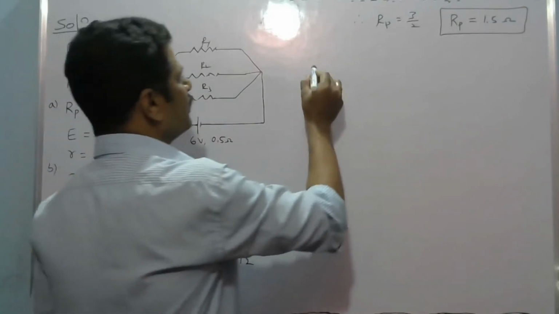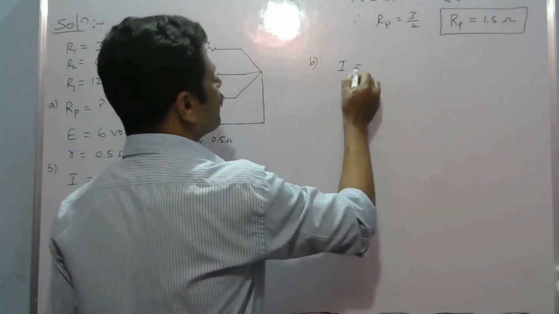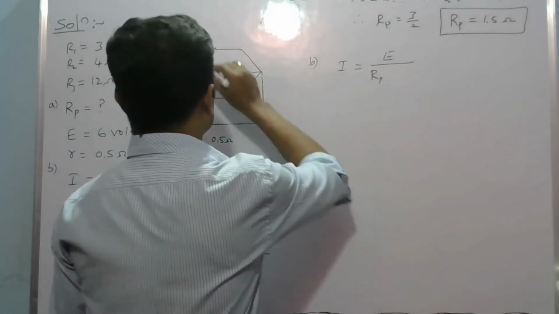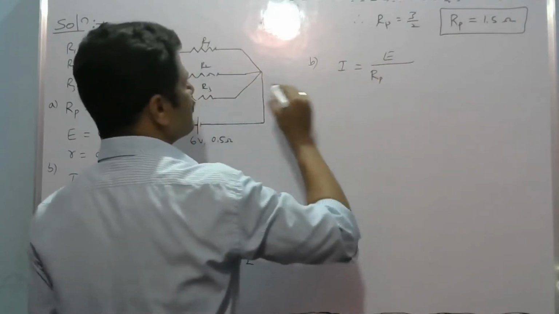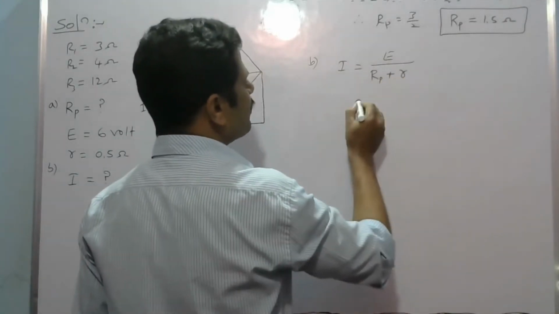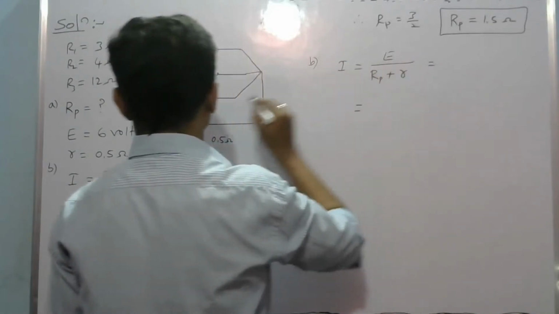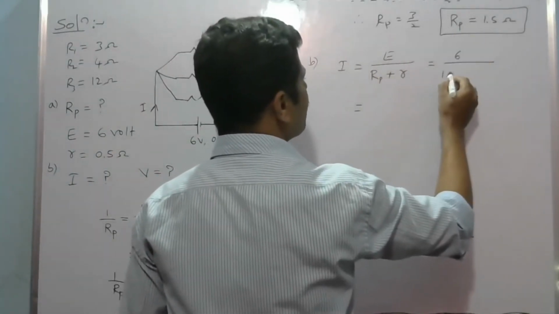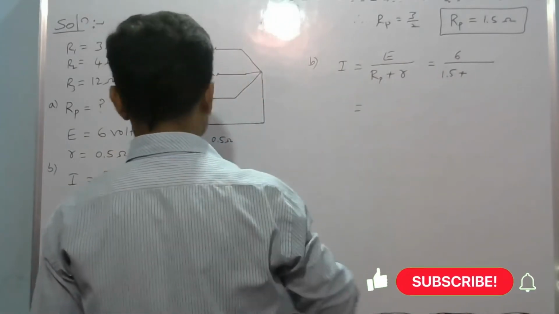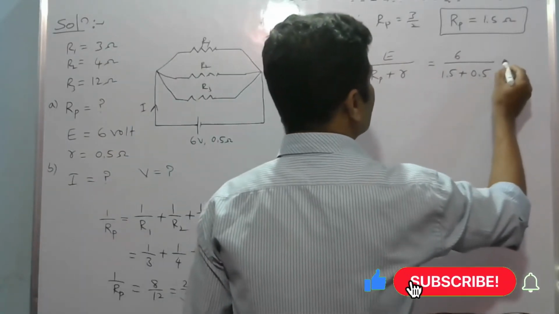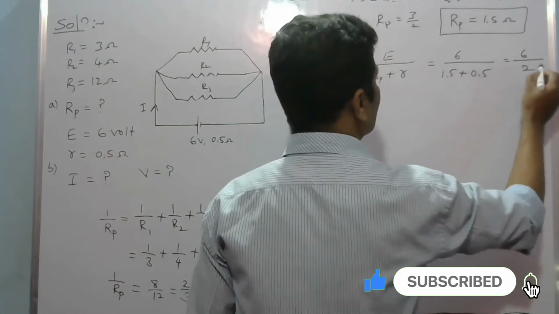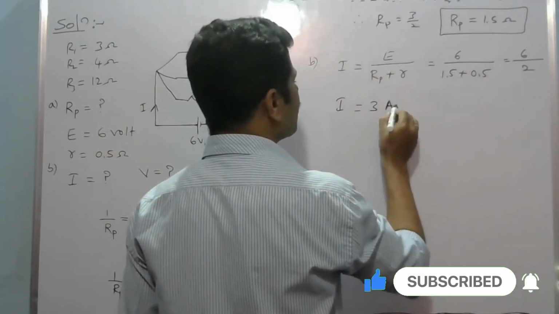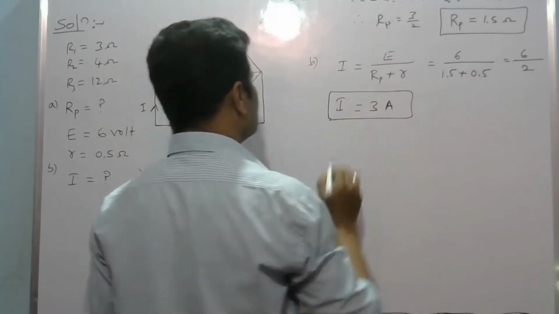We know that the current in the circuit is the EMF divided by the total resistance, external resistance plus internal resistance. Here E equals 6 volt and RP equals 1.5 plus internal resistance 0.5. So this is 6 divided by 2, which gives us 3 ampere. This is the current in the circuit.